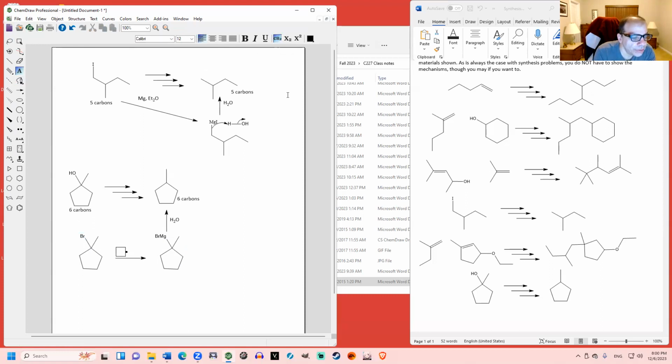So we can get the Grignard reagent from the bromide by treating it with magnesium and diethyl ether or tetrahydrofuran. And then can we turn the alcohol into the bromide? We sure can. We would just treat it with HBr. And that will give the bromide plus water. Water will be the inorganic side product.